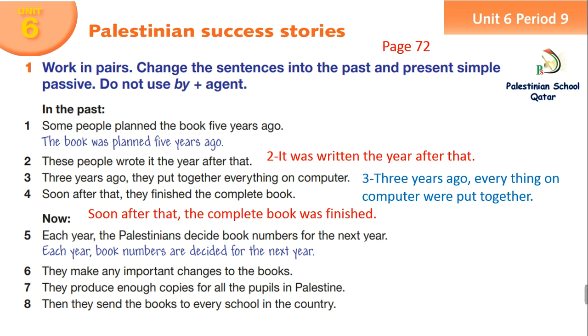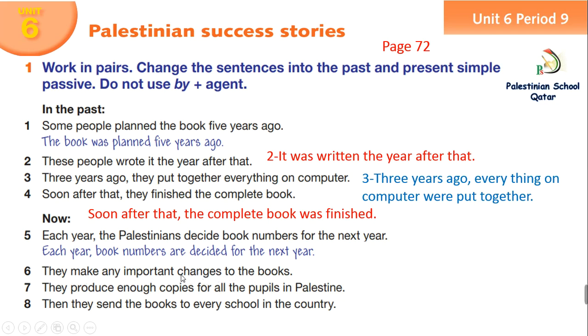Now we come to the second part. Now each year the Palestinians decide book numbers for the next year. This is already finished. Number 6, they make any important changes to the book. Where is the verb? Make. Make what? Any important changes.